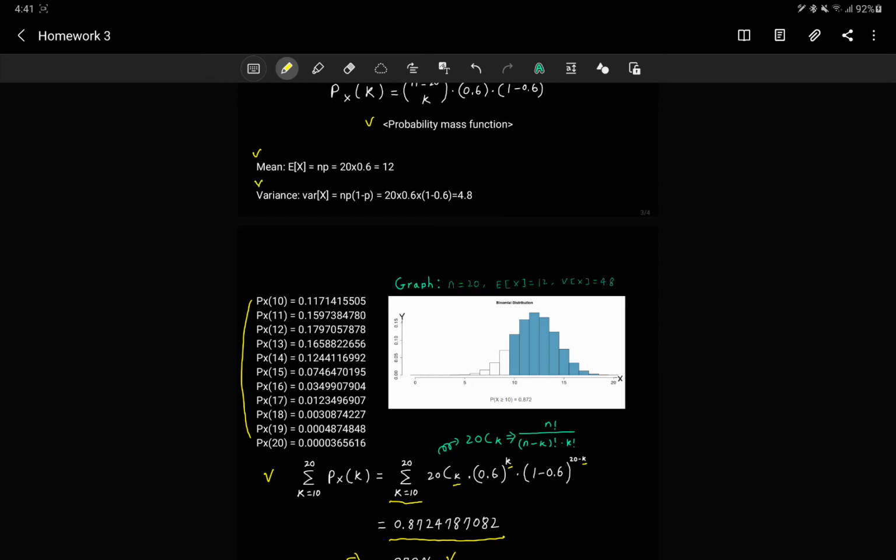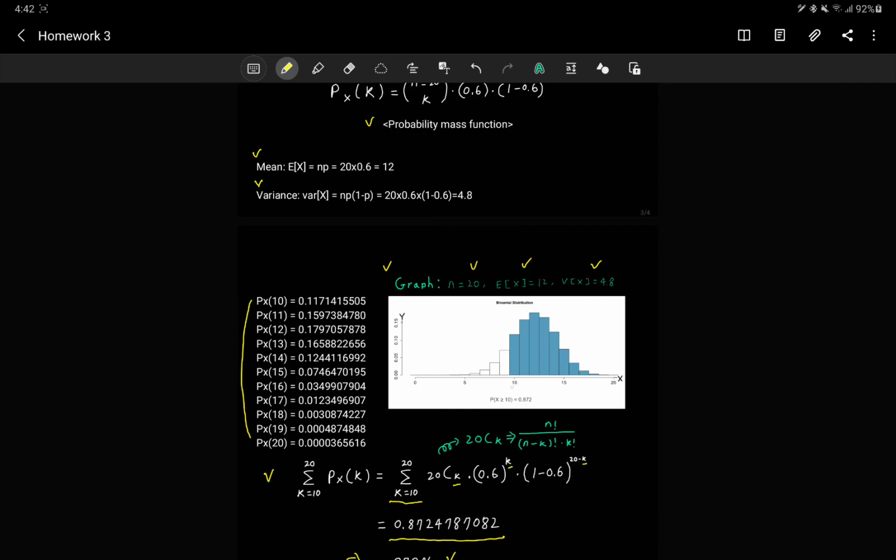A graph with n of 20 communication lines, a mean of 12, and a variance of 4.8 was shown. In other words, the graph was produced only by the number, mean, and variance. Areas with an x value of 10 or more are painted blue.